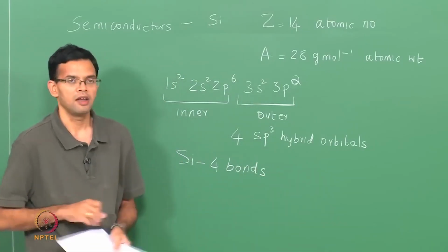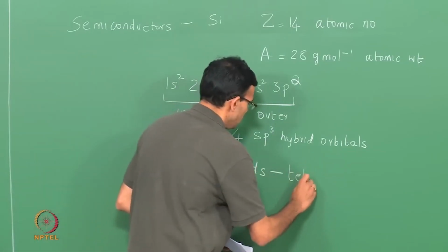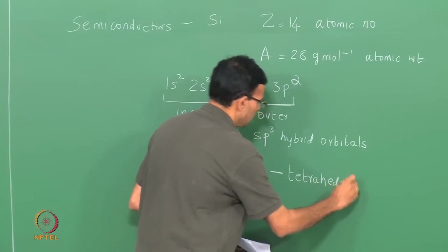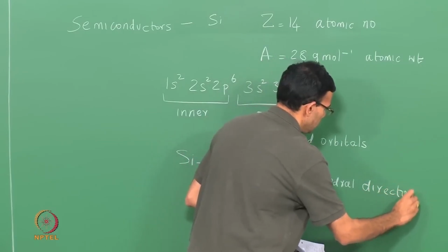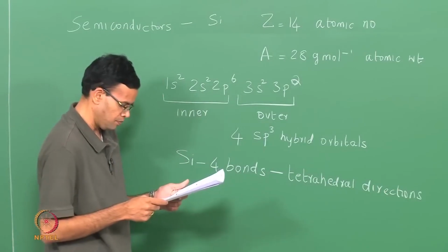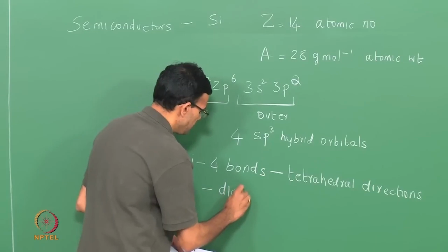And these bonds are directed in the tetrahedral directions, and essentially what you have is a diamond lattice.